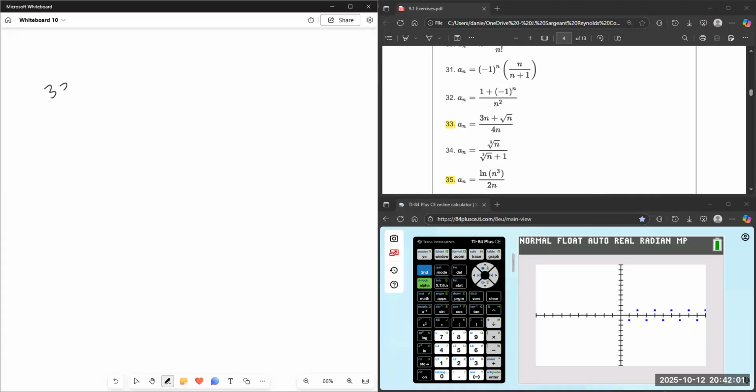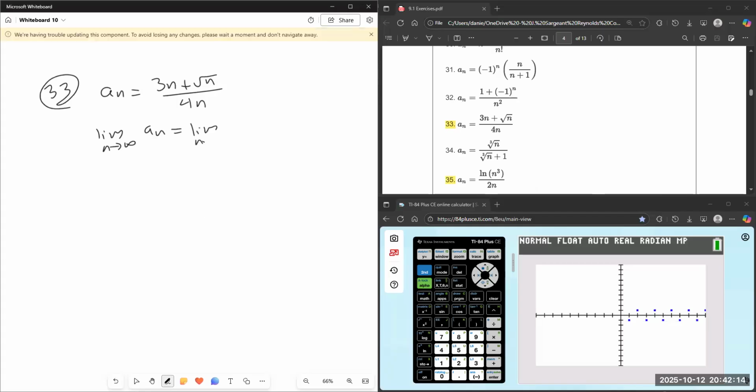33, an equals 3n plus root n over 4n. Limit as n goes to infinity of an is equal to limit as n goes to infinity of 3n plus root n over 4n. I'm going to divide everything by n.